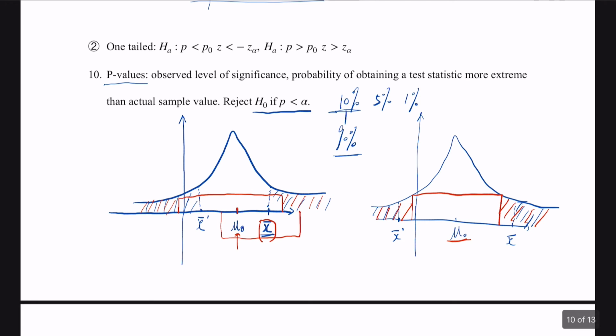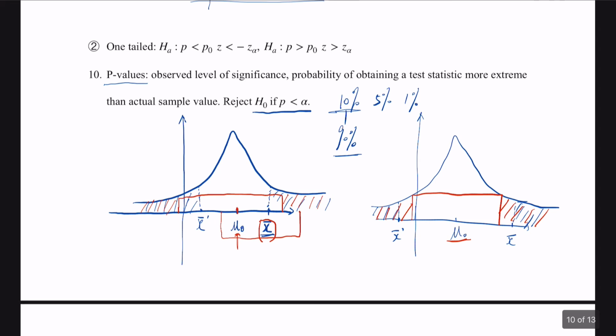So now I hope you get a sense of what p-value means. P-value is essentially saying that if your hypothesis is true, and if you have a sample mean, based on these two conditions, how confident can you be? Let me rephrase it.